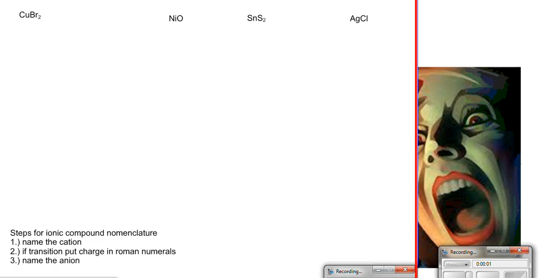So first off, I have copper, which is a metal, and I have bromine, which is a nonmetal. Copper is a transition metal, so I named the cation.